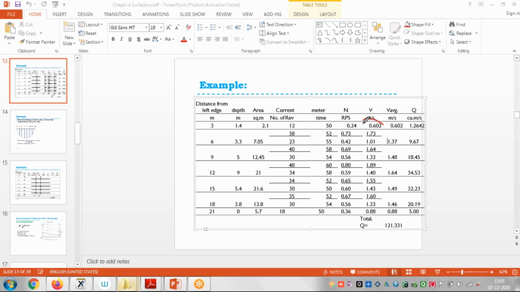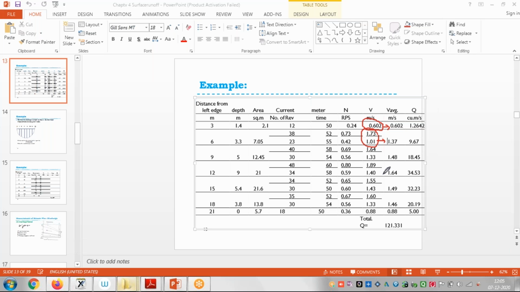See, this velocity is kept as it is for average velocity. But when you take the average of these two, you will get this one: 1.73 plus 1.01 divided by 2, you will get 1.37.